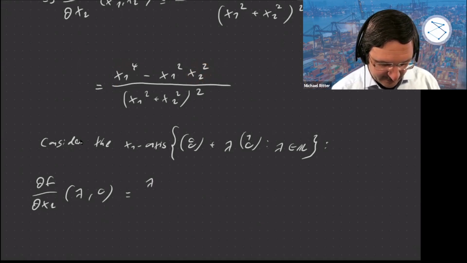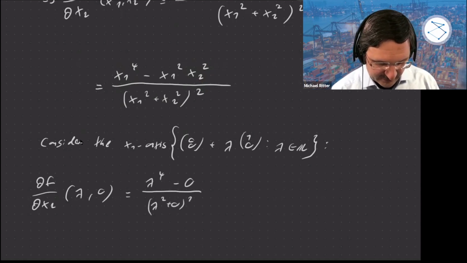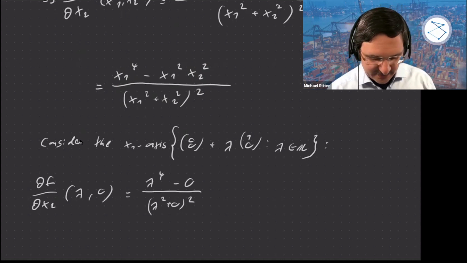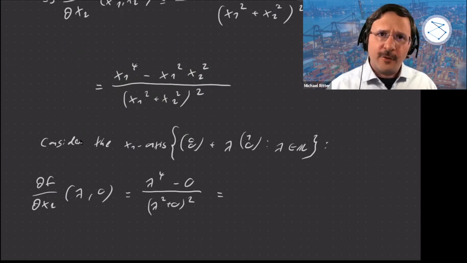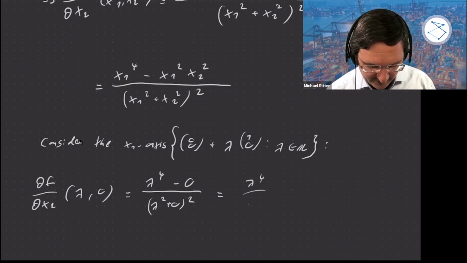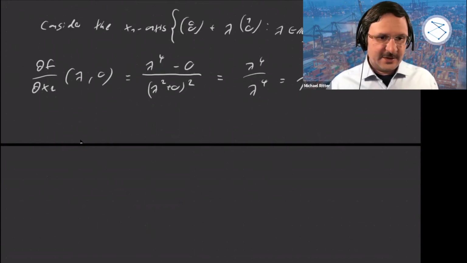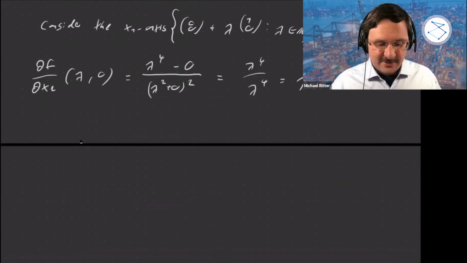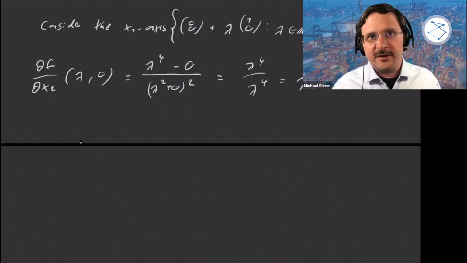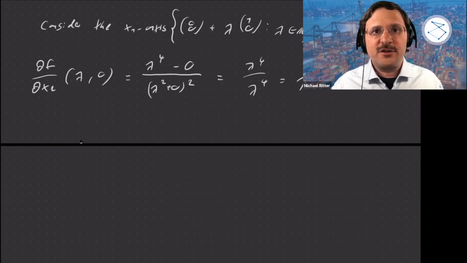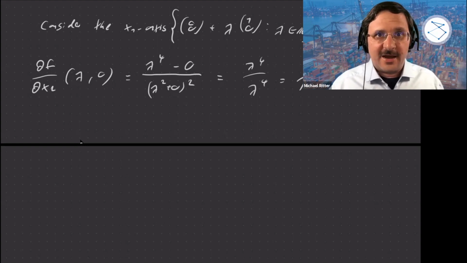Then we get lambda to the power of 4 minus 0 over lambda squared plus 0 squared, squared. So that means we have lambda to the power of 4 over lambda to the power of 4. So that's 1 for all possible values of lambda. So along that line, this second partial derivative is constant and the value is 1. So it cannot converge to 0 if we get closer and closer to the origin. Indeed, the limit at 0 will be 1.